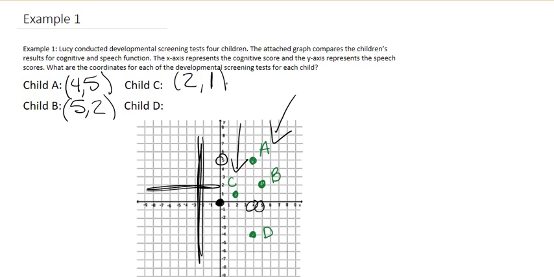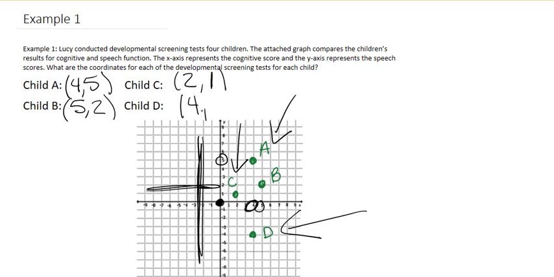Now, child D, which is on its own a little below the x-axis, as we can see, is that when we move over from the origin over to D, it's 4 spots. So we would write the 4 for the x.